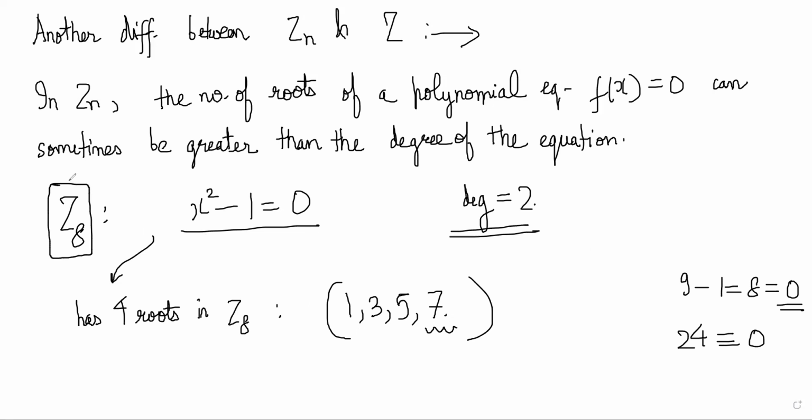So that is another point of difference between the set Z8 and the set of normal integers Z, right? Again, similar to the previous property, if n was prime, this property would not be true. If it was Zn and n was prime, then a degree 2 equation will have only 2 or less than 2 roots, right?